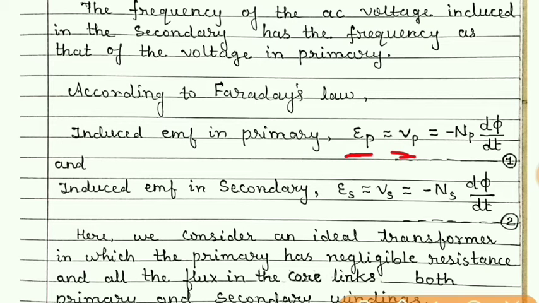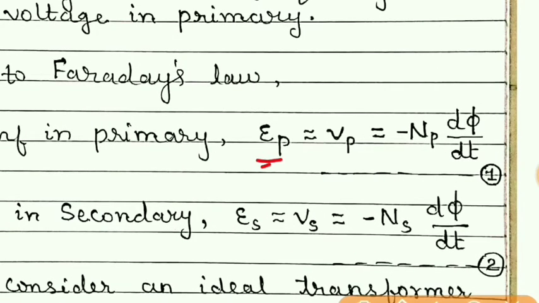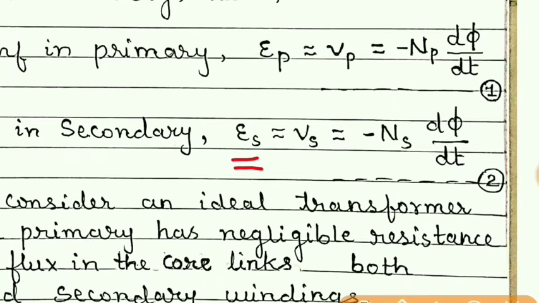And we have studied in chapter number 6 that EMF is given by minus Np d phi by dt. This is the change in flux with respect to time, and Np is the number of turns of the primary. Similarly for the secondary, epsilon s is equal to Vs is equal to minus Ns d phi by dt, where Ns is the number of turns of the secondary.